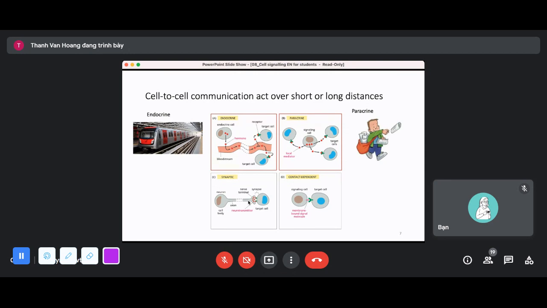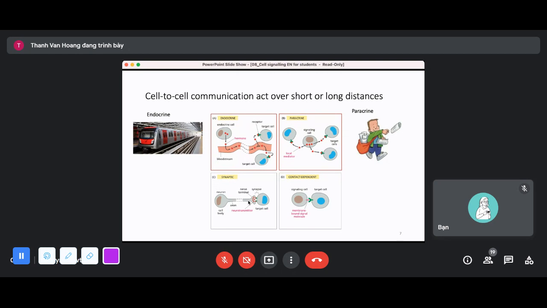What is the advantage of this system? I think now it's easy. Can you tell me what the advantage is here? It transfers the signal quickly. It happens very quickly, right? It can happen within milliseconds.